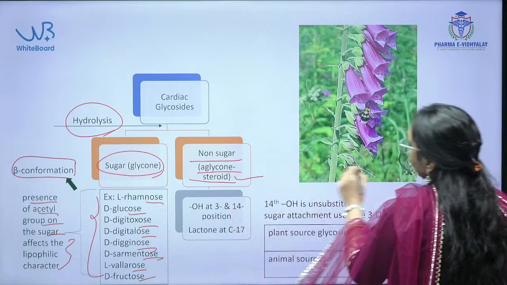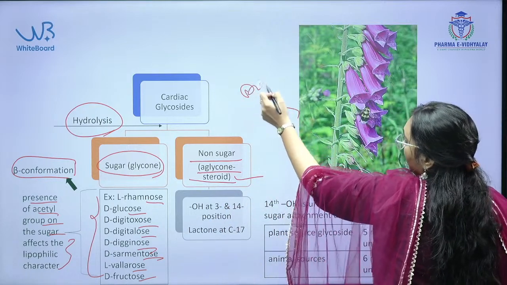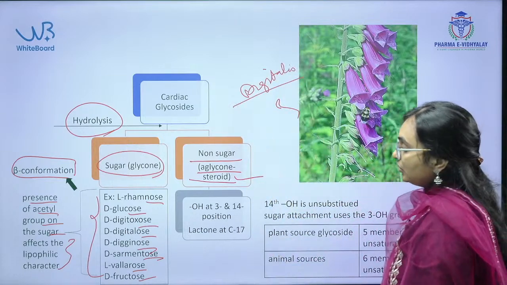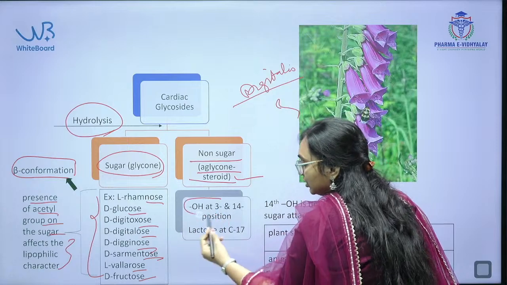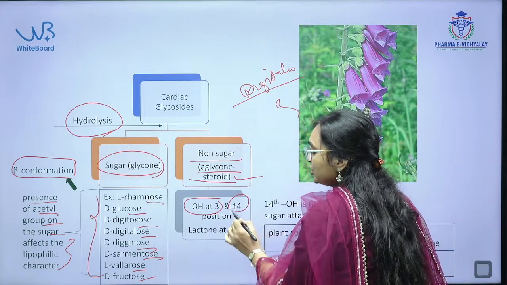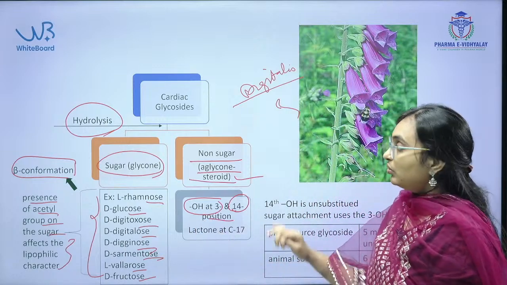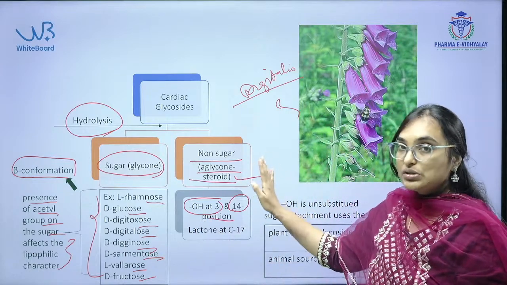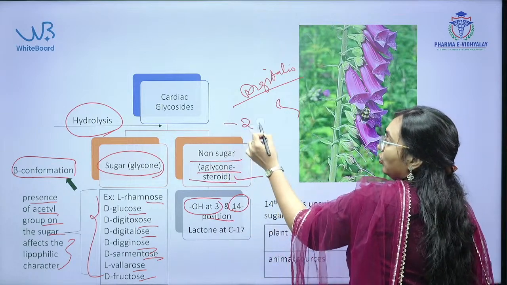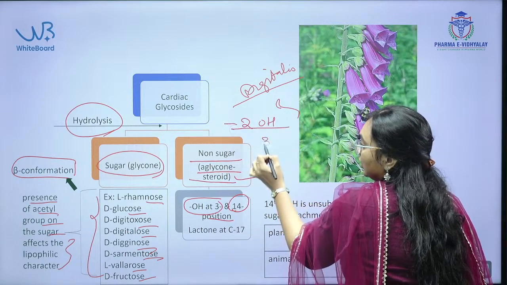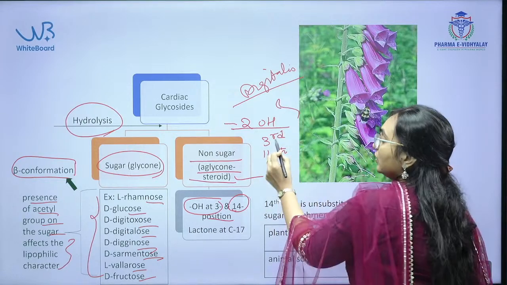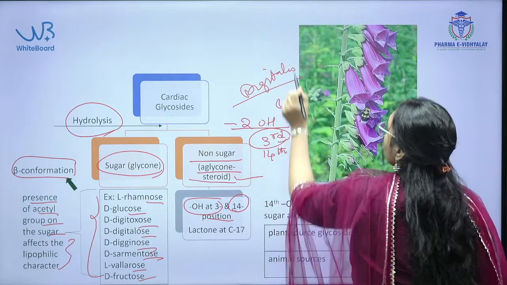This is the picture of digitalis. There will be an OH at the 3rd position and another OH at the 14th position. So the steroidal part consists of 2 OH groups, one at the 3rd position and one at the 14th position. At the 3rd position OH, the sugar is linked.